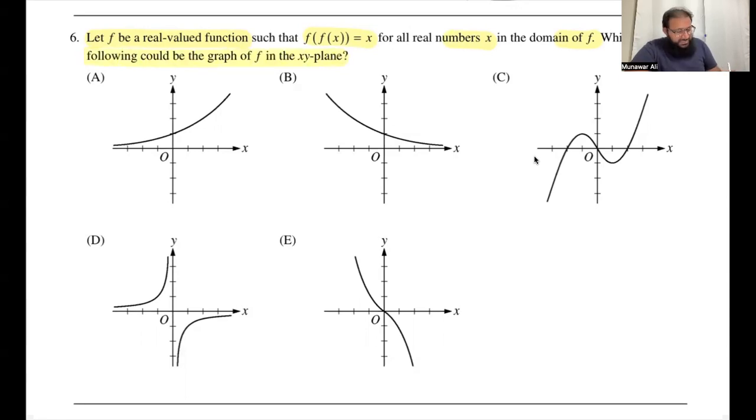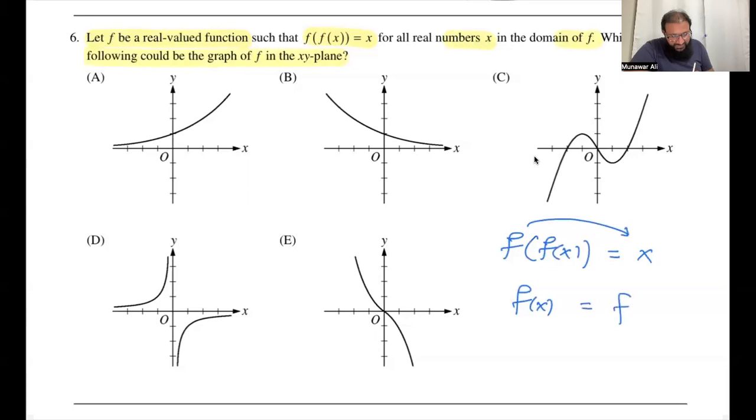The condition given to us is f of x is equal to x. We can operate f inverse on both sides. Then we get that f of x and f inverse of x are the same. So the function and its inverse are the same.